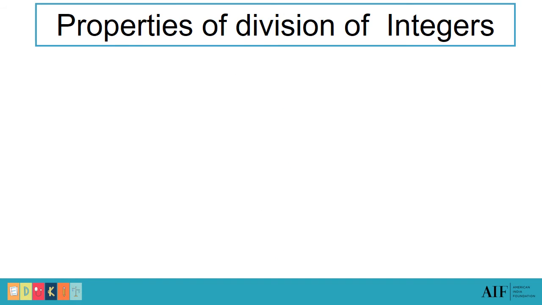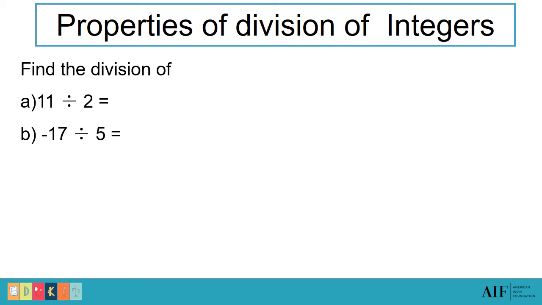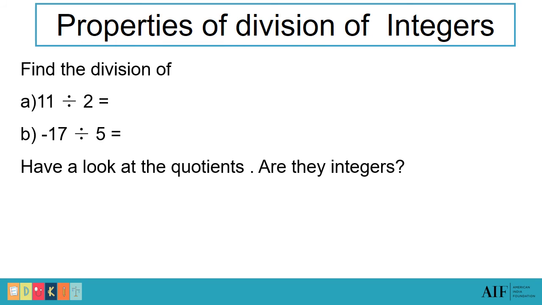Properties of division of integers. Find the division of 11 divided by 2 and minus 17 divided by 5. Have a look at the quotients. Are they integers? Here 11 divided by 2 is 5 and a half, so we convert it into the mixed fraction 5 and a half.